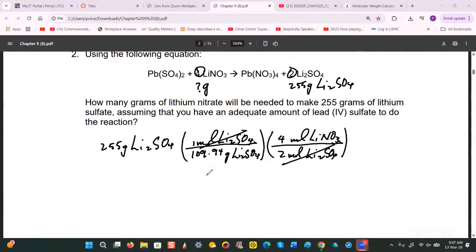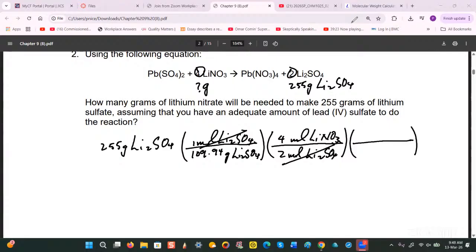Okay, so one more step, one more conversion factor needed. What's going to be at the top and the bottom of that particular conversion factor? You need the molar mass of what?